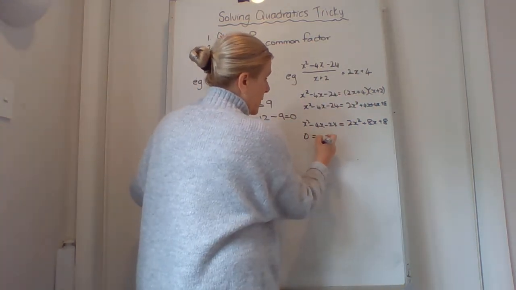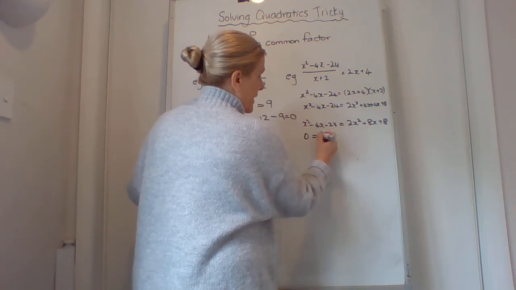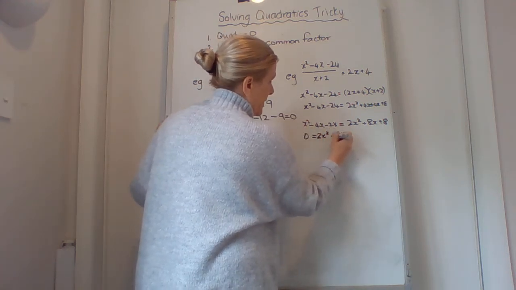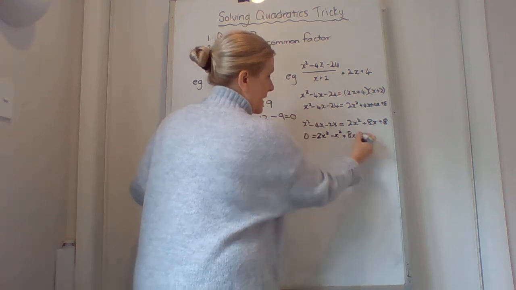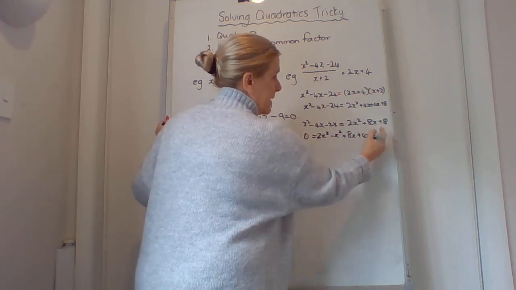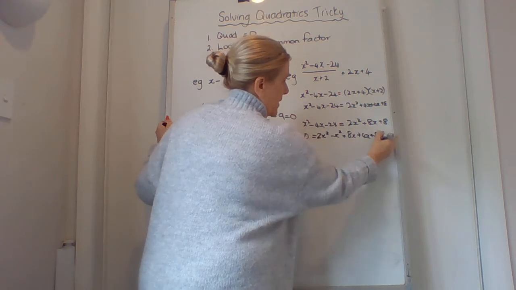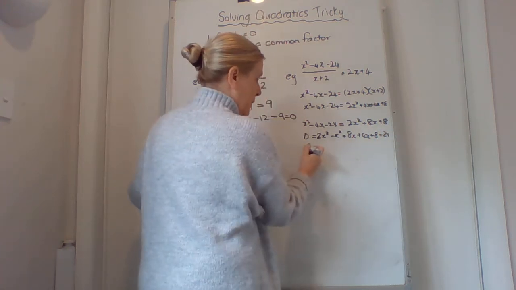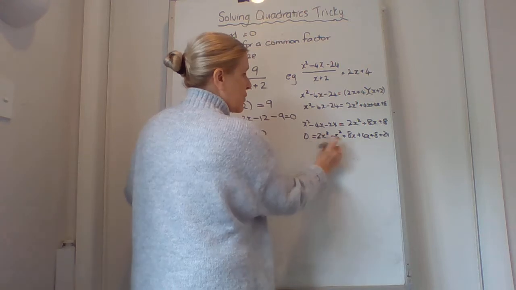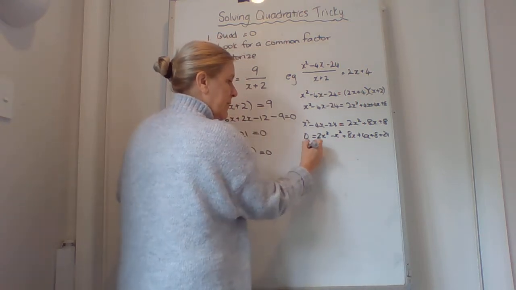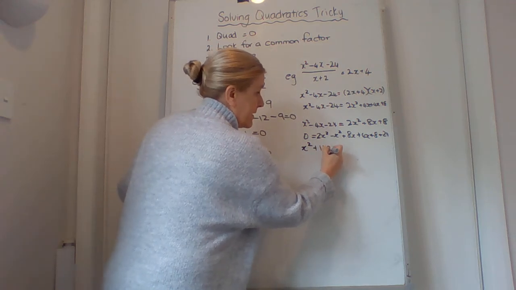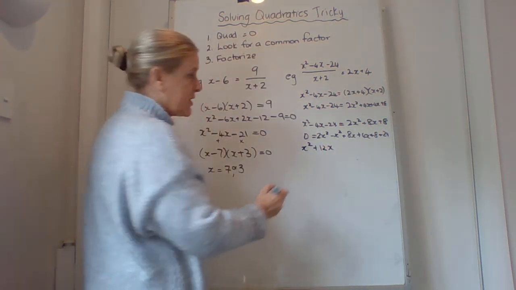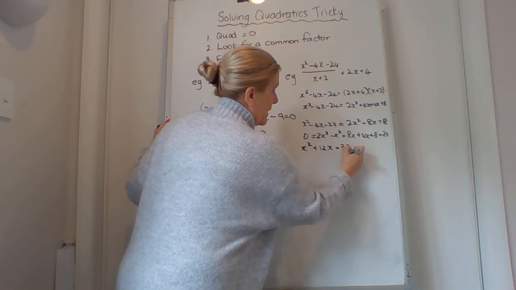So I have 0 equals 2x squared, take away an x squared, 8x, add a 4x, 8, add a 24. That equals, now bring it over the other side, 2x squared minus x squared is x squared, 8x plus 4x is 12x, 8 plus 24 is 32, equals 0.